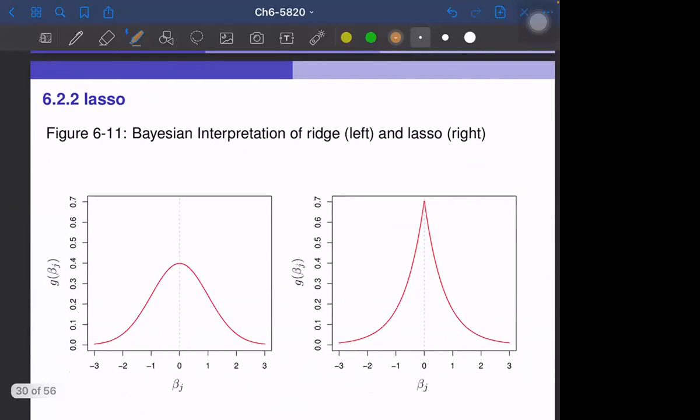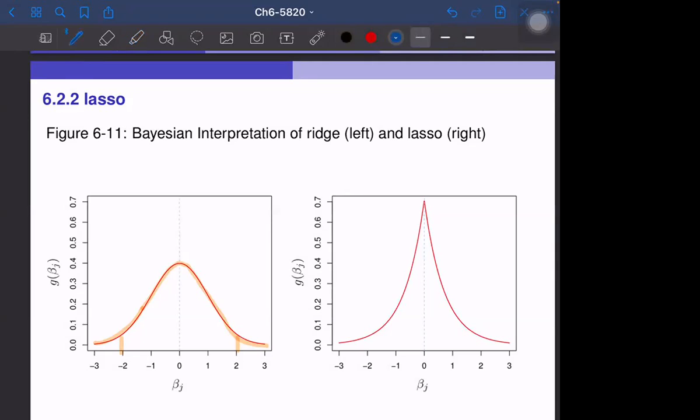So without any condition, ridge regression assumes that beta j has this distribution. That means that beta j is probably not really large. Beta j is between -2 and 2 for most cases, but there is not a very high probability that beta j is exactly equal to 0.